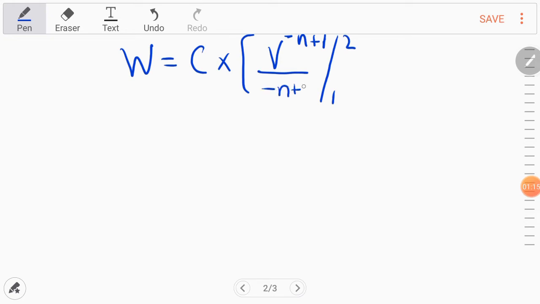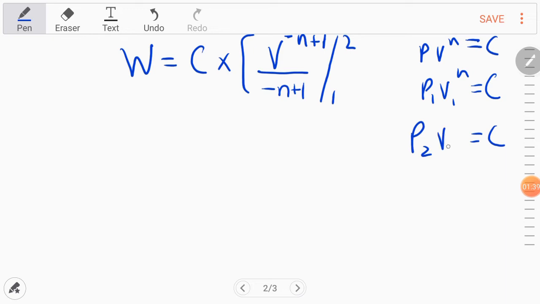Now we have to multiply this V with the V, but we know that PV^n is equal to C. So for process 1, C is equal to P1 V1^n, and for process 2 it is P2 V2^n. So when we open the limit, we apply the appropriate formula with respect to limits.